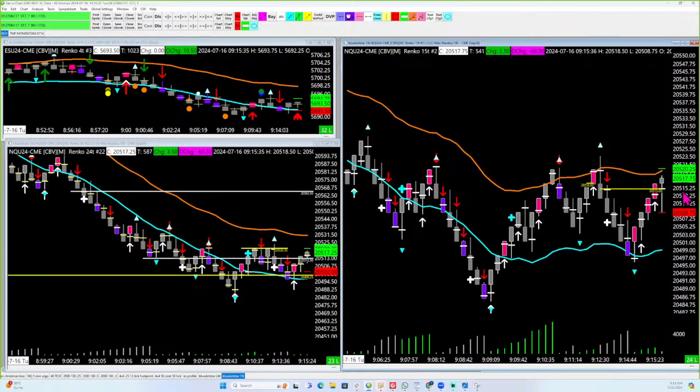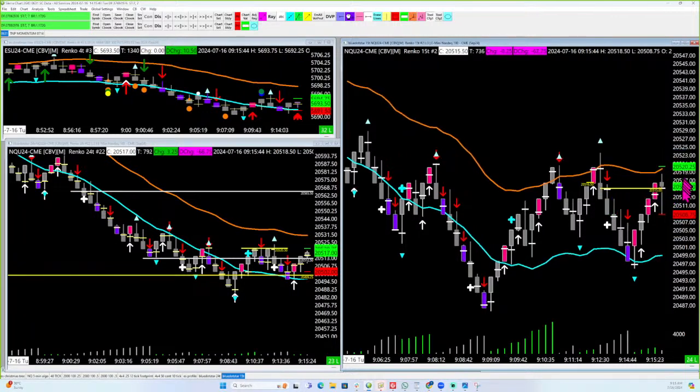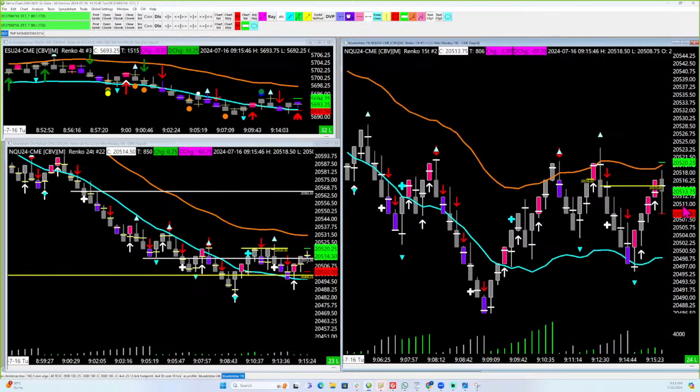You had to get a point of control above. So since this point of control will be right on the line, what I'd hope for would be a backside test of this to get my entry. If it just jets, it jets. There's nothing I can do about it.